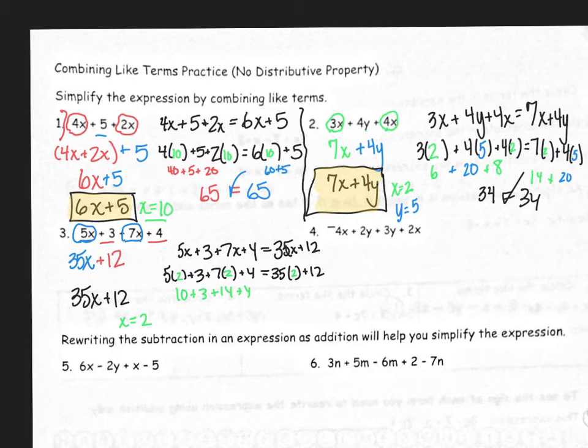And that equals 18, 28, 31. And then this should equal what it is over here. So 35 times 2 is 70, plus 12 is 82. These are not equal.